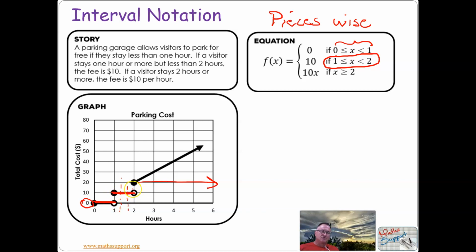When I get really close to 2, I jump up to this part of the graph, and then I continue to the right. So my domain on this is going to be from 0 all the way to infinity. There are no numbers that are left out of this graph. So that would be 0 to infinity for my domain.